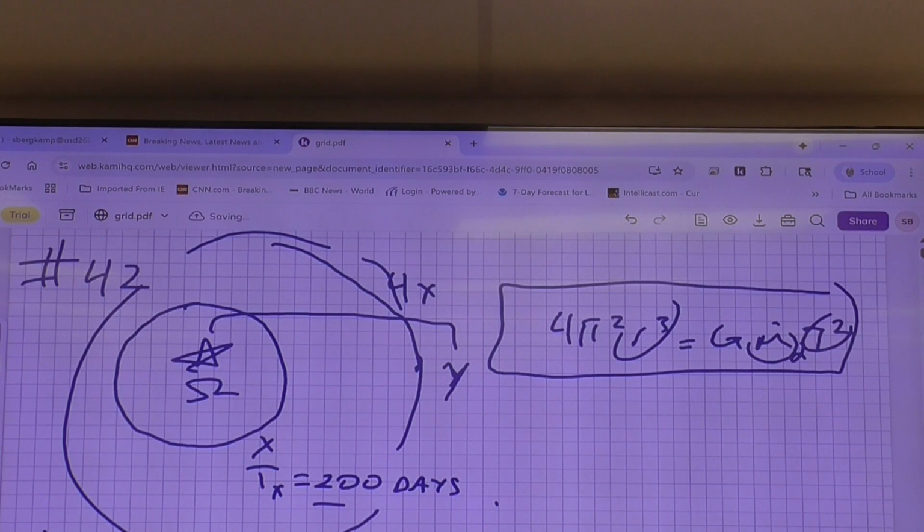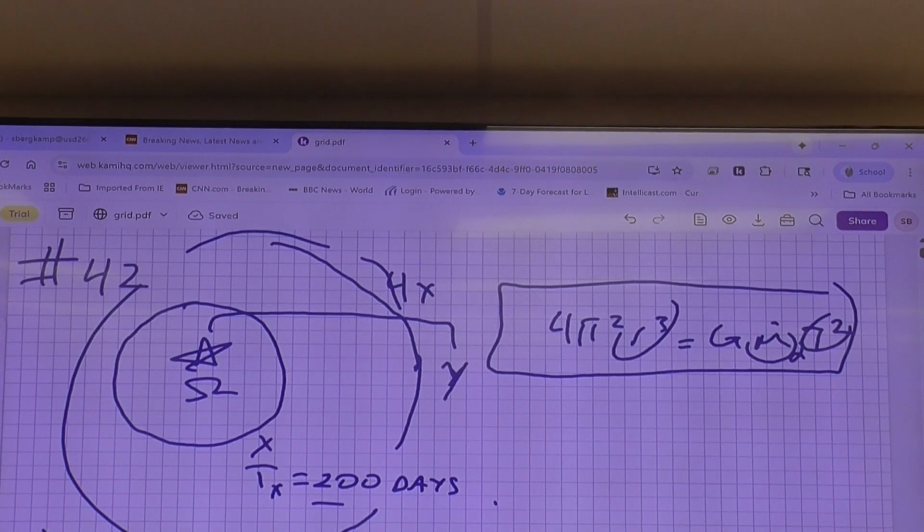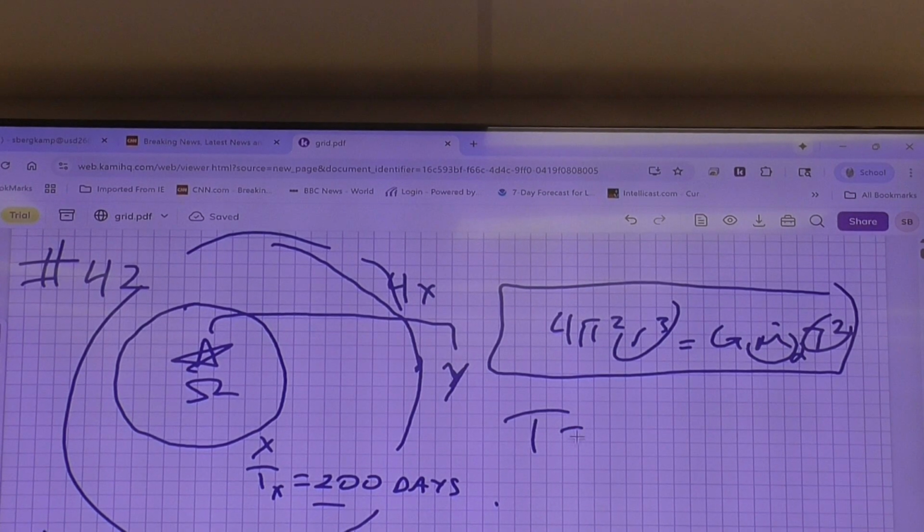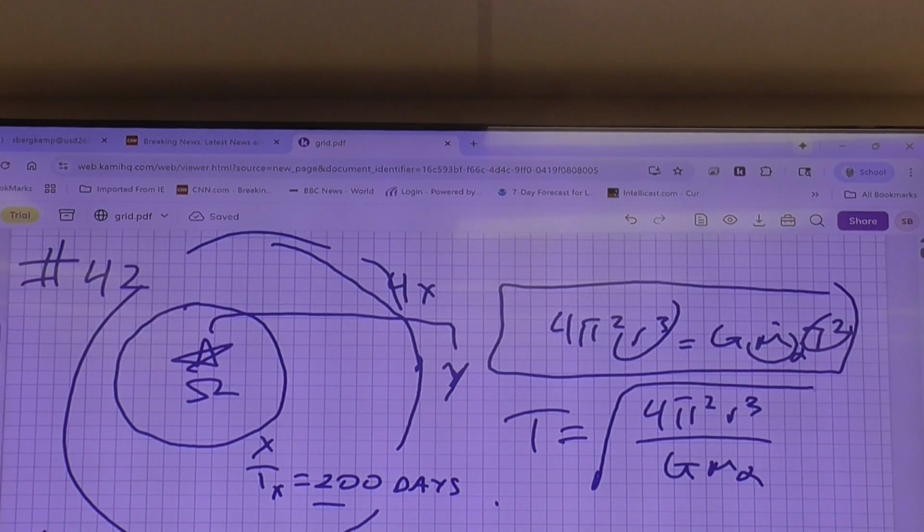So I'm going to solve this for period. That period is going to be 4 pi squared r cubed over big G mass of planet Alpha, and then I'm going to take the square root of that, okay?